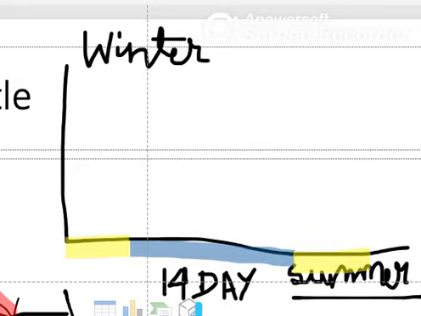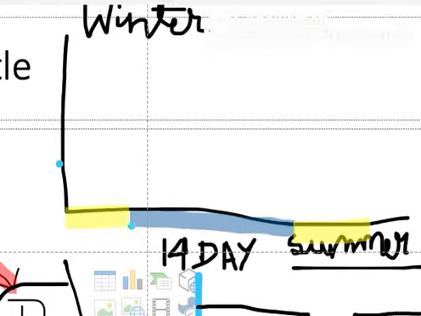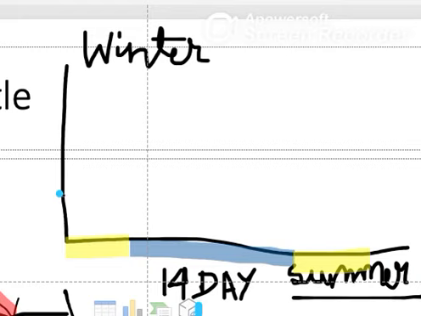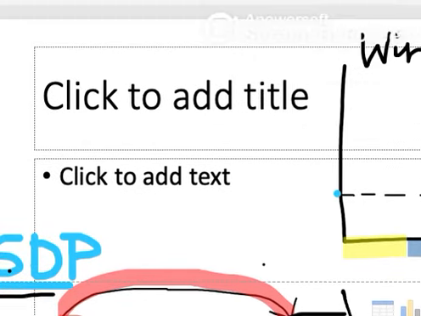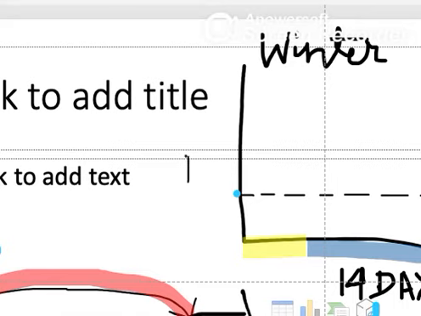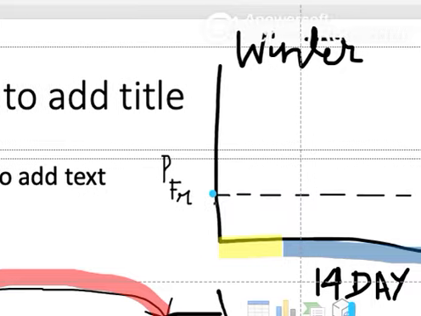Okay, so as I've told you, there is a threshold level which PFR must fall below in order for the short day plants to flower. Okay, so let's see. In winter, because of the daylight, the PR will convert to PFR, right?